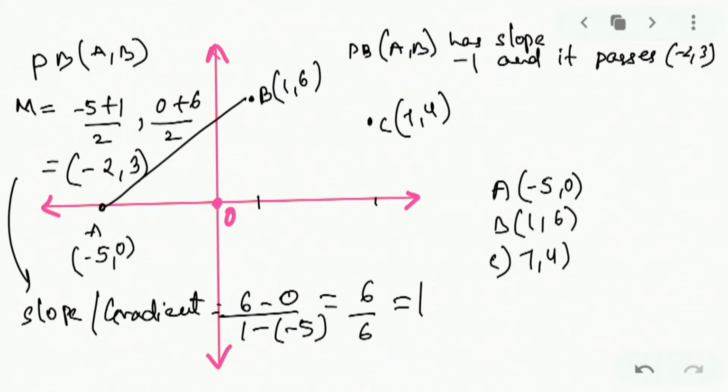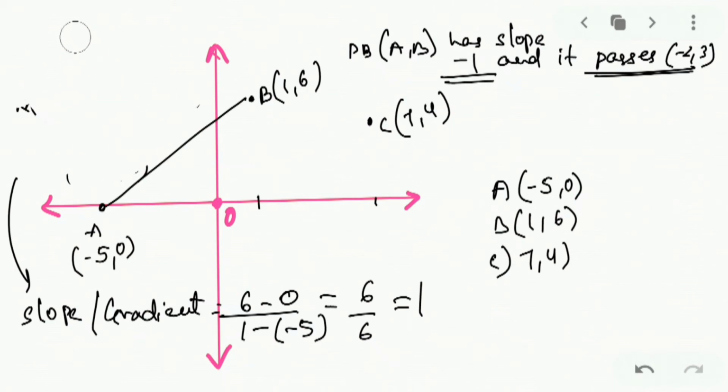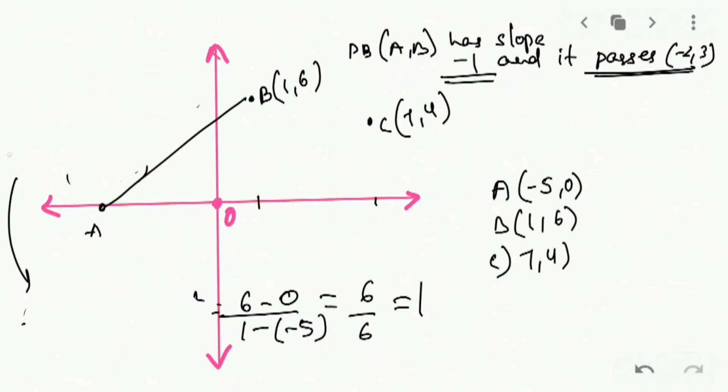So we can make the equation for the perpendicular bisector. We have the slope and we have the point through which it passes. So make the equation. Once you get the equation, you can plot the perpendicular bisector onto your graph. That will be somewhere here.